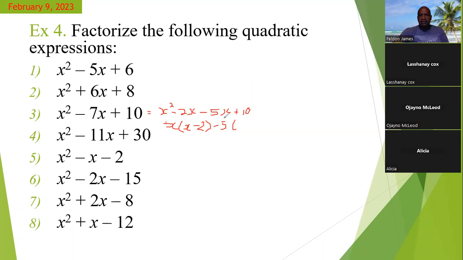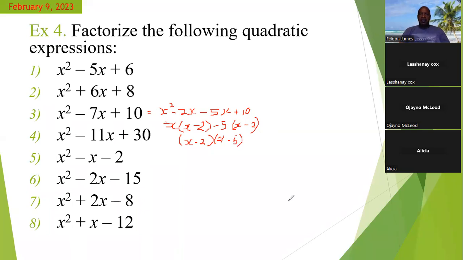So negative 5 into negative 5x gives positive x, negative 5 into positive 10 gives negative 2. So what is common here is x minus 2. And what we have in the next bracket would now be x minus 5. Everybody see that?